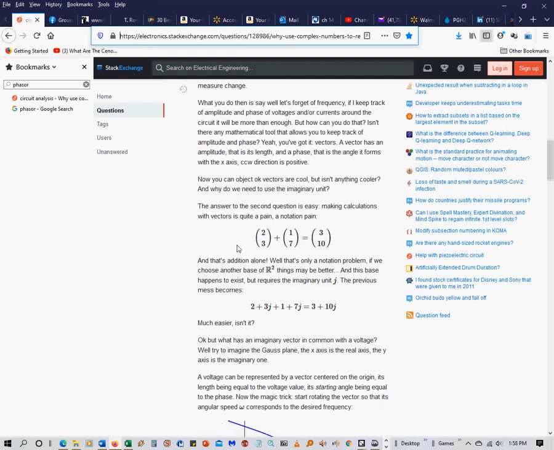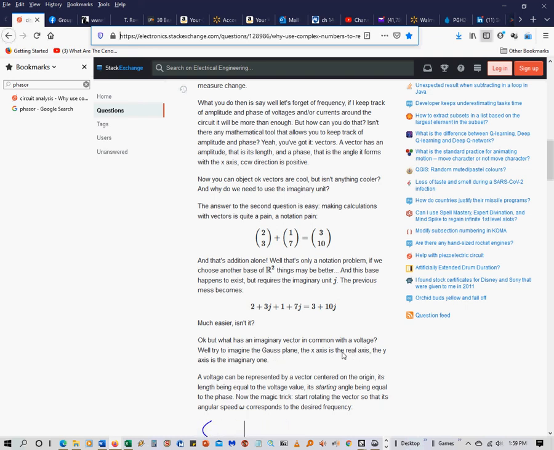So this previous mess becomes this, where we're adding the 2 plus 3j, or I like to put the j in front, j3, it doesn't matter. And then 1 plus j7 ends up equaling 3 plus 10j. It's much easier.